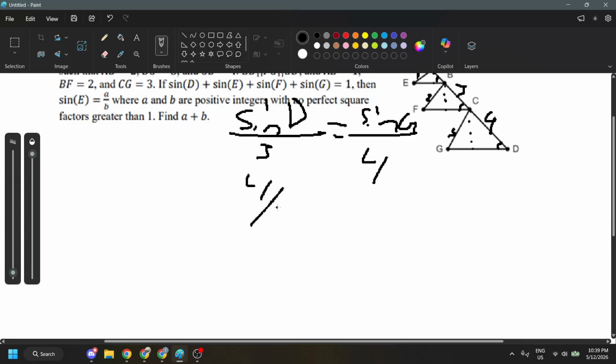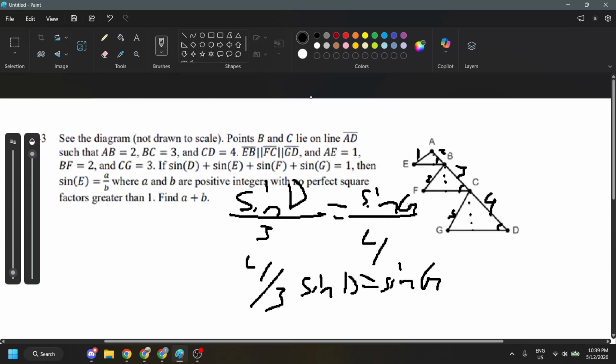So 4/3 sine of D is equal to sine of G. So we can plug that in here.